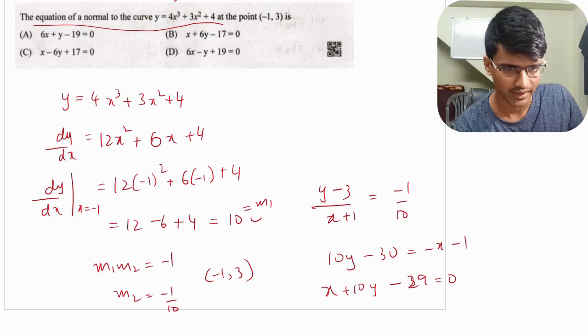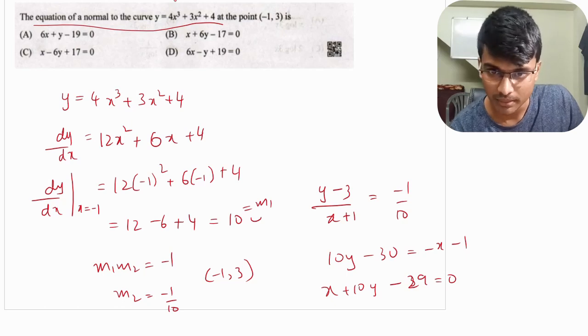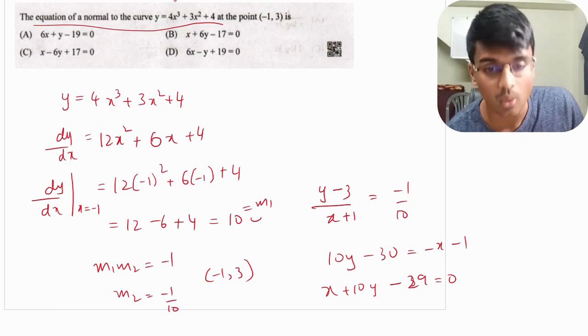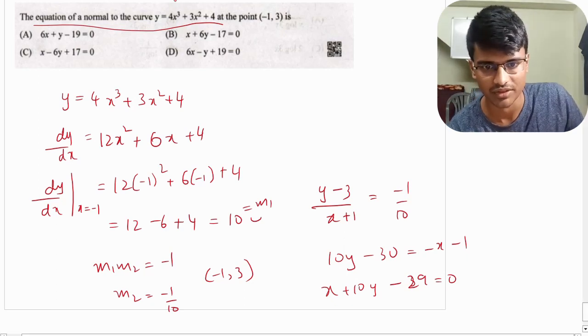Everything looks fine for the equation of the normal to the curve. Let me check once again. What did I miss? Oh, the 4 is not there, no? Differentiation of 4 is 0, right? This is the mistake.